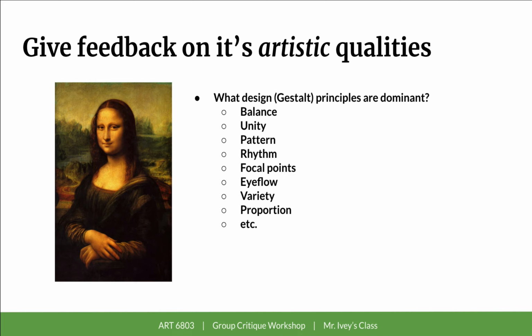There's also variety, proportion, and a bunch of other different principles that you can write about within your own critique. These artistic qualities are part of the analysis stage of the critique, and so you get to nitpick all of these details that you can find within the work.